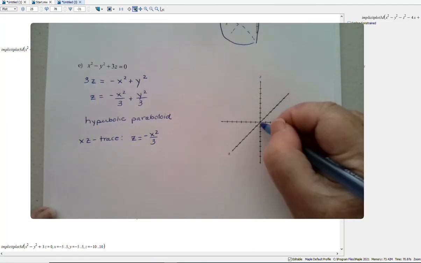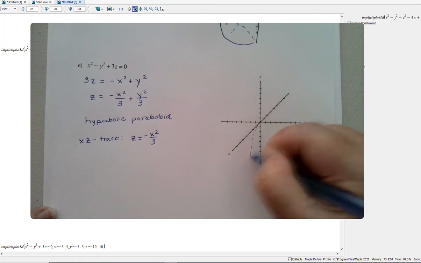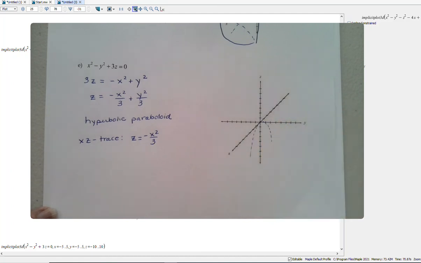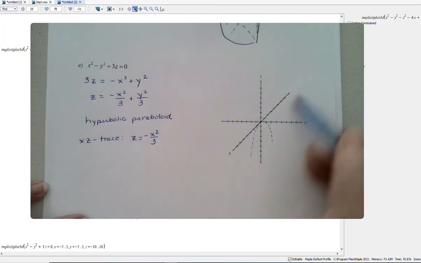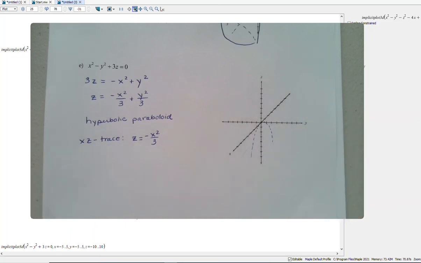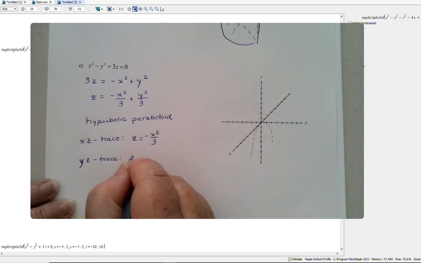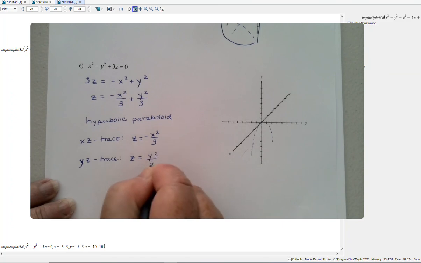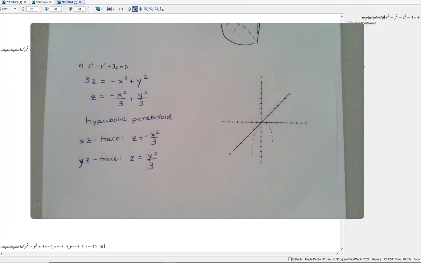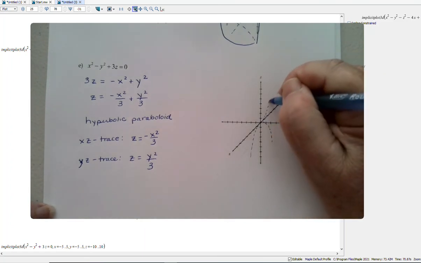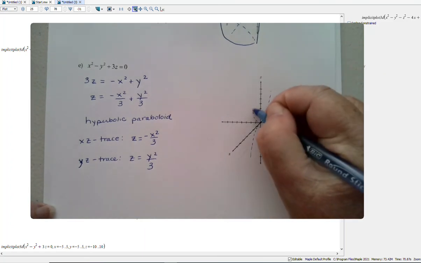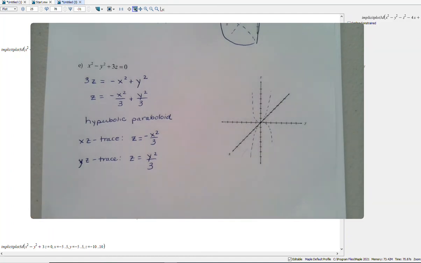So for now, I'm going to make everything dotted. I've got that upside down parabola in the xz plane. In the yz trace, I'd have z equals y squared over 3. Also a parabola, but this time right side up. So in the yz plane, I have a right side up parabola.